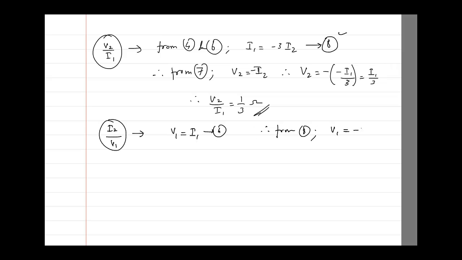Instead of I1 I will substitute minus 3I2. So therefore V1 by I2 is going to be equal to minus 3, again ohms, because it is V1 by I2. Therefore I can write I2 by V1 to be minus 1 by 3 mho. Okay, because it is the inverse of resistance, so it is mho. So this is the third one that I have found out.